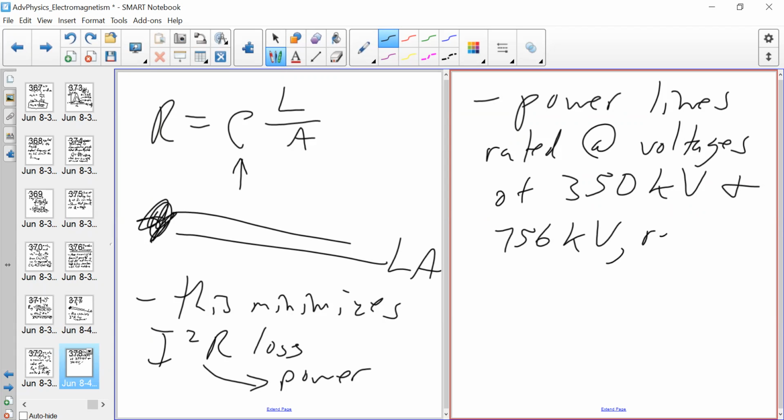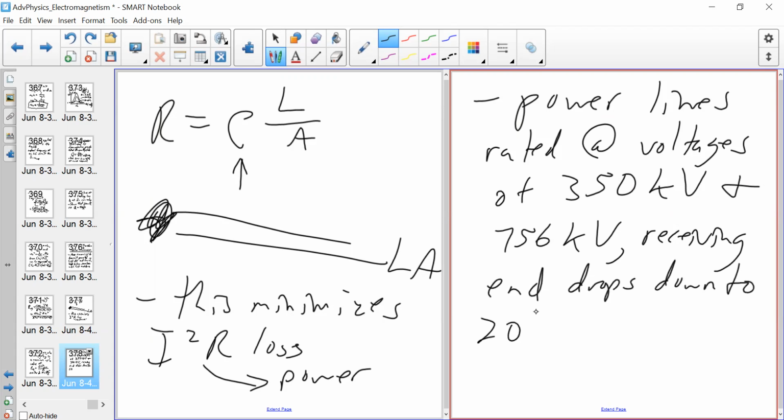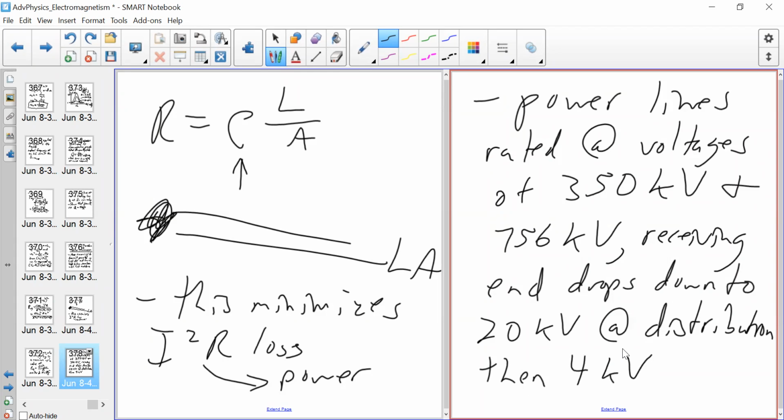All right. So on the receiving end, it drops down to 20 kilovolts at a distribution station. You get to this little way station here, and you have what we call step down transformers that take this high voltage and step it down to low voltage, and then you step it down even more, to about 4 kilovolts, I guess, for residences.